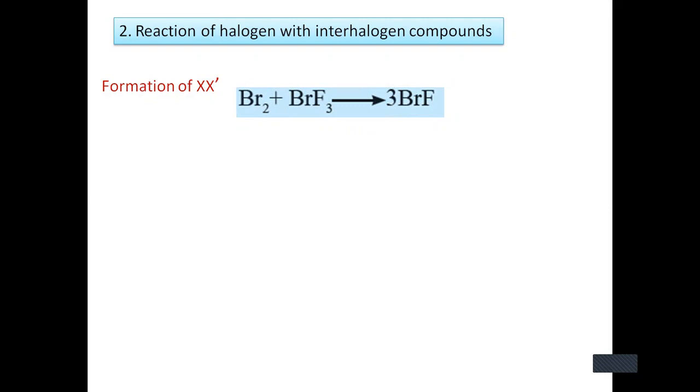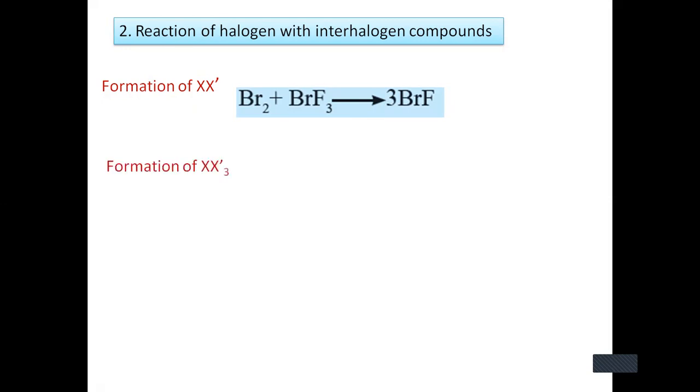One is the halogen and the other is the interhalogen. When they combine, they form an XY type compound. In this, fluorine was in excess, we have added bromine, so it will form bromofluorides.